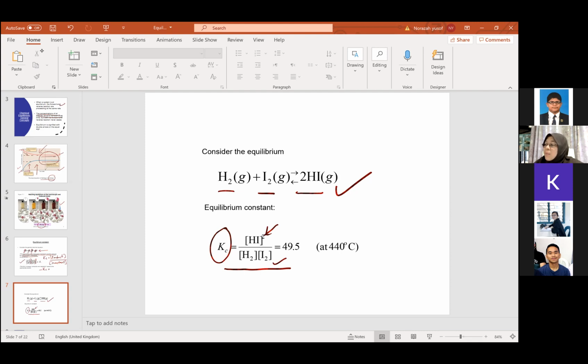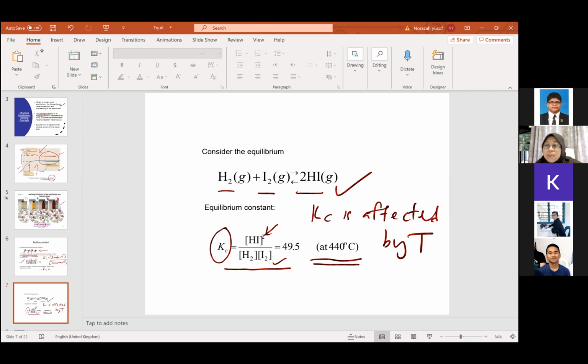And why do we have 'at certain temperature'? Because Kc is affected by temperature. Remember that if you add different concentrations of hydrogen iodide, hydrogen or iodine into the system, they will rearrange themselves.